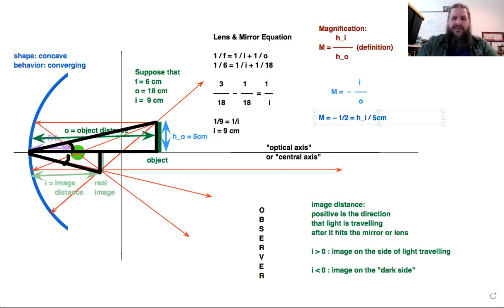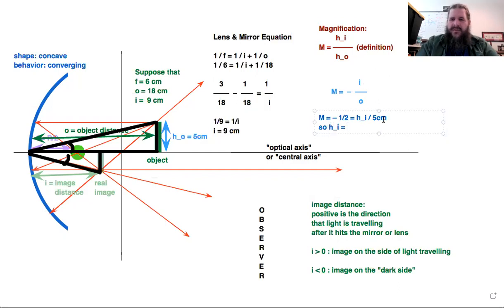So what can we now solve for? What's the only unknown left here? Yeah, height of the image.